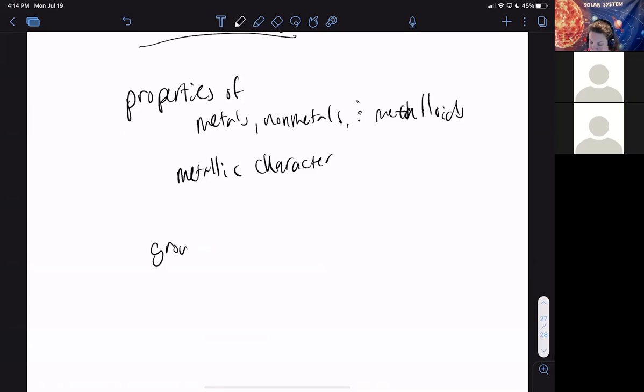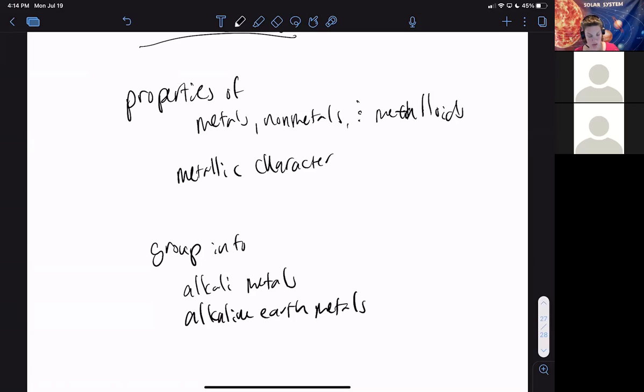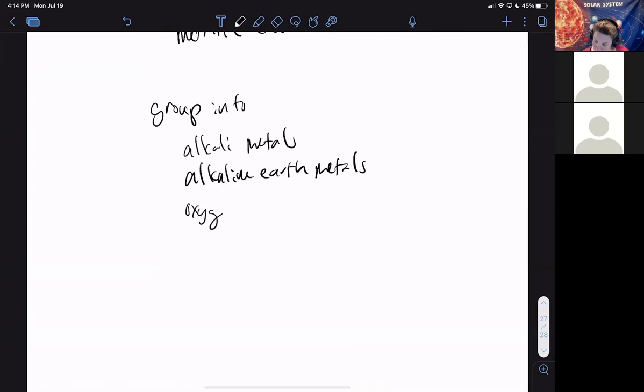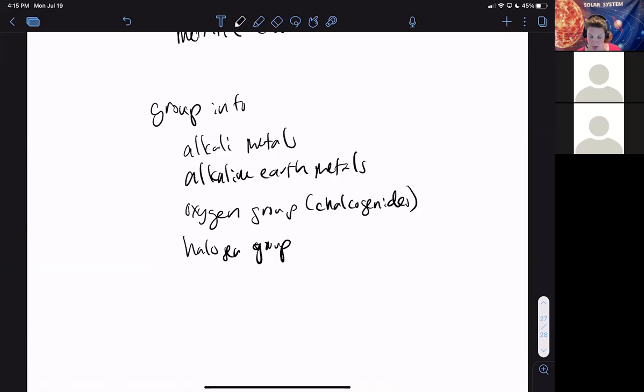You should have group info for the alkali metals, alkaline earth metals, the oxygen group, often called the chalcogens, and then the halogen group and the noble gases.